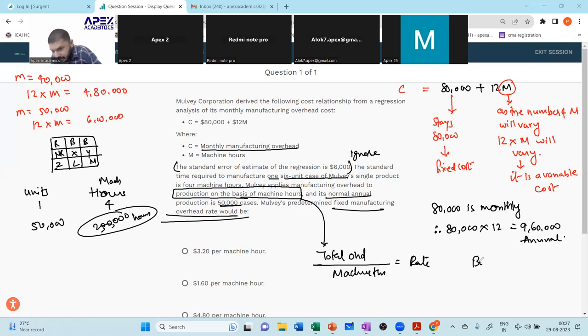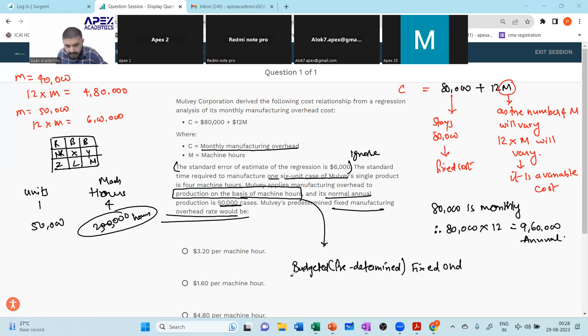Predetermined fixed manufacturing overhead rate. So what will it be? It will be budgeted, means predetermined. Correct? Budgeted means predetermined. So this I'll write a little differently. I will say budgeted or predetermined fixed overhead divided by budgeted production.